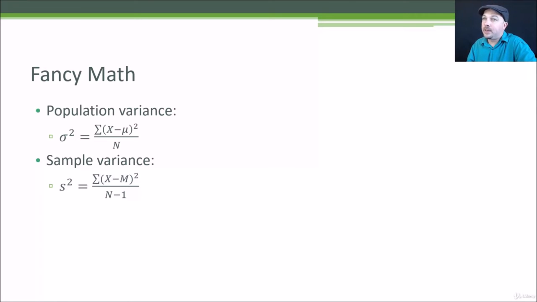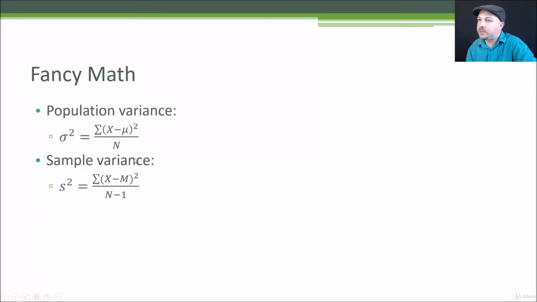If you want to express this in terms of fancy mathematical notation, I try to avoid notation in this course as much as possible. I think the concepts are more important. But this is basic enough stuff that you will see it over and over again. Population variance is usually designated as sigma squared, where sigma is standard deviation. It is the summation of each data point x minus the mean mu, squared, over n, the number of data points.